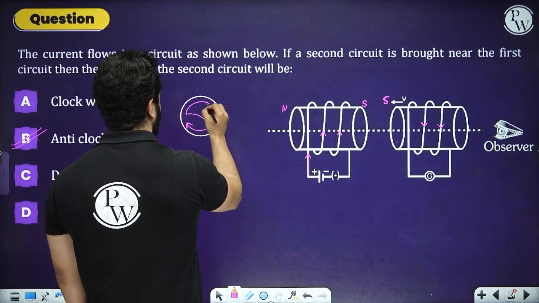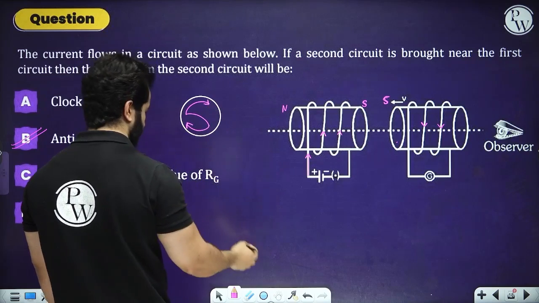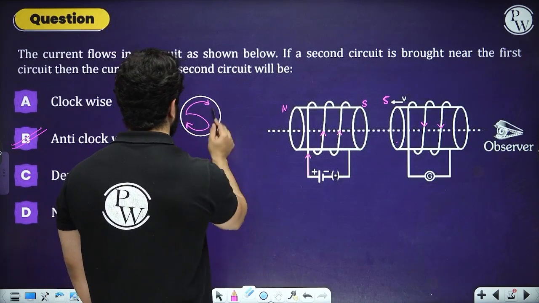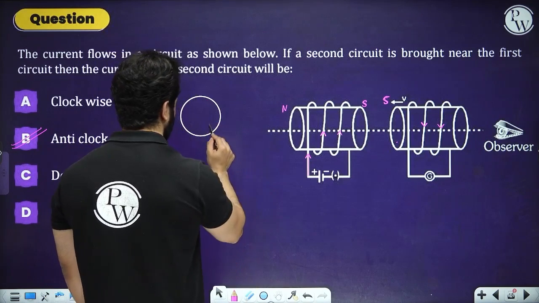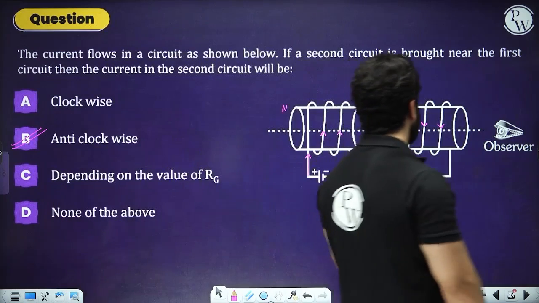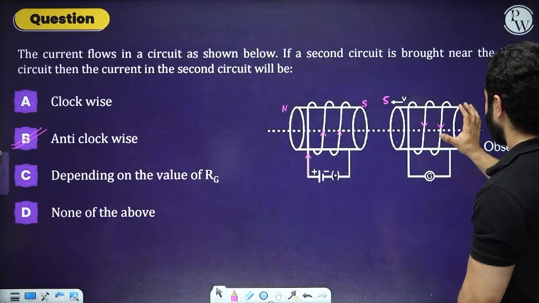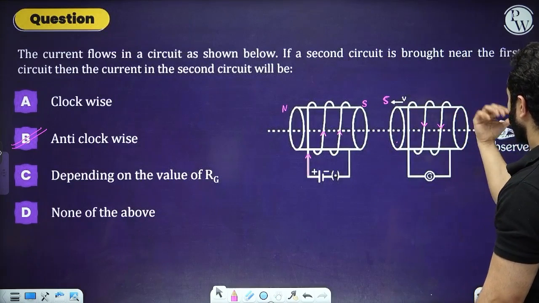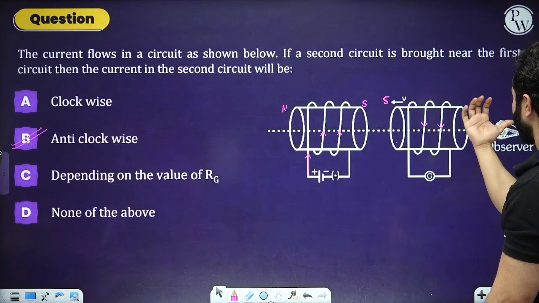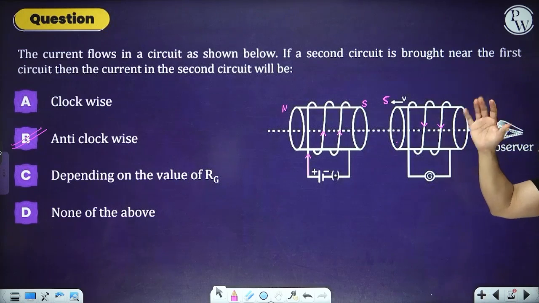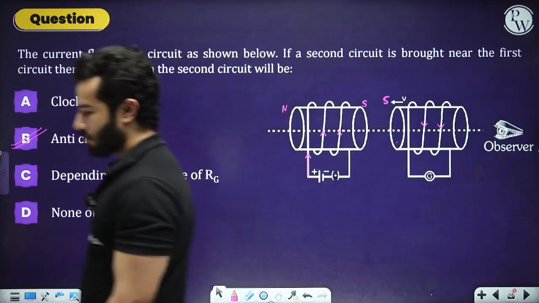No, this is for clockwise. Is it? Just a second. Let me first check it again. So this is definitely something like this. So this one is anti-clockwise. Yeah, this is going to be anti-clockwise, no doubt about it.